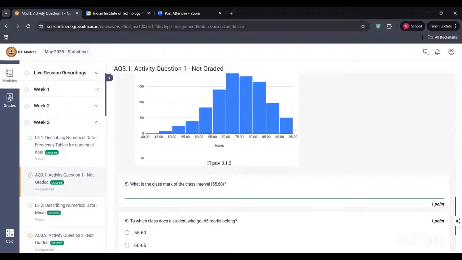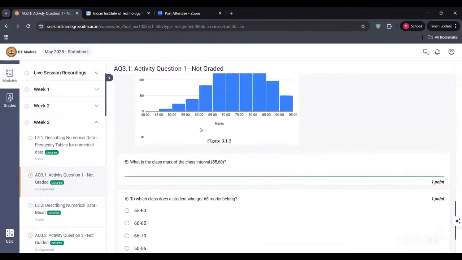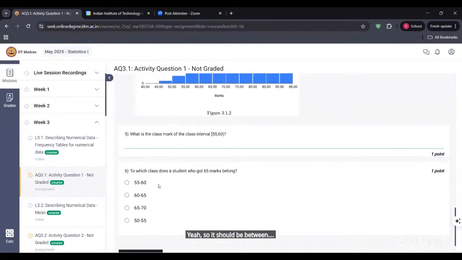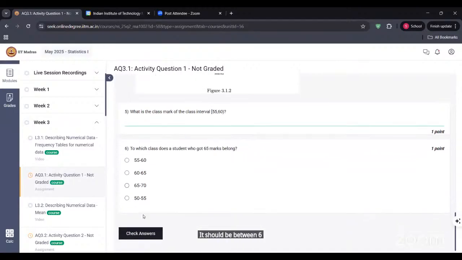So 65 should be between 60, it should be between 65 to 70.